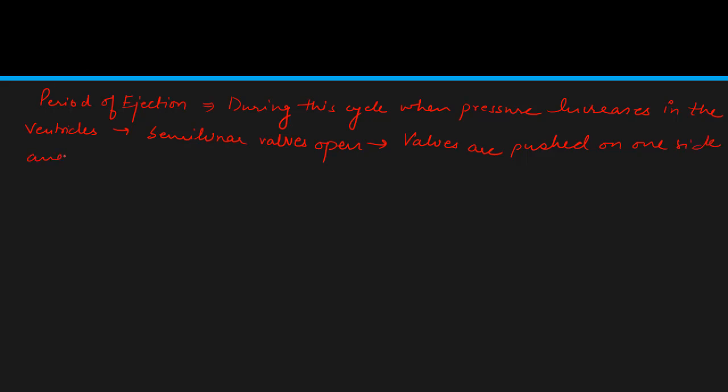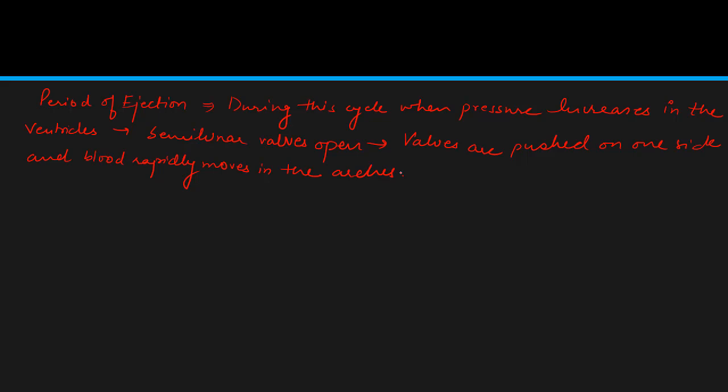Blood rapidly moves into the arches. Okay, this is the period of ejection. The oxygenated blood from the left ventricle enters the carotid-systemic arch or aorta, and deoxygenated blood from the right ventricle enters the pulmonary arch.